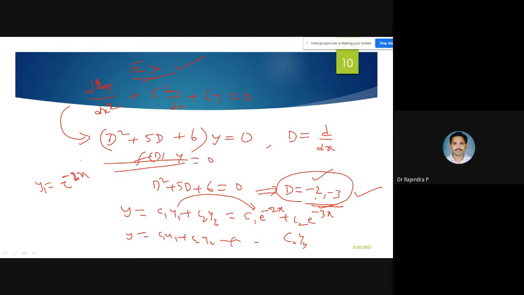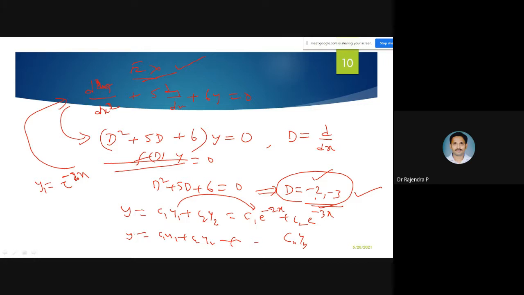I have to substitute this in this equation. Let us assume it is one solution for this equation.